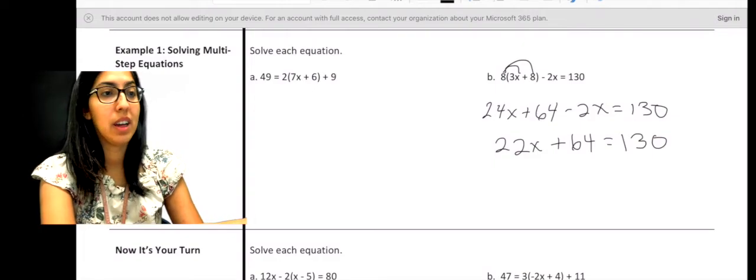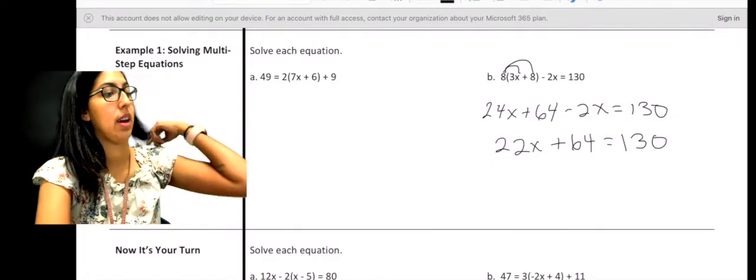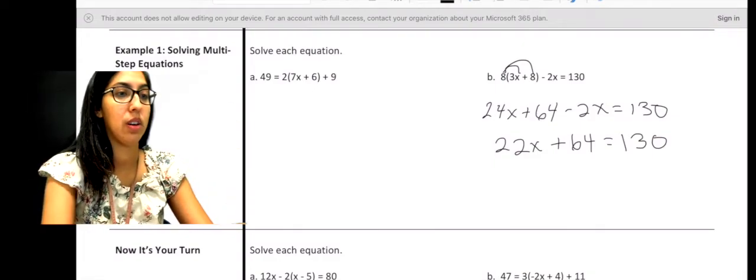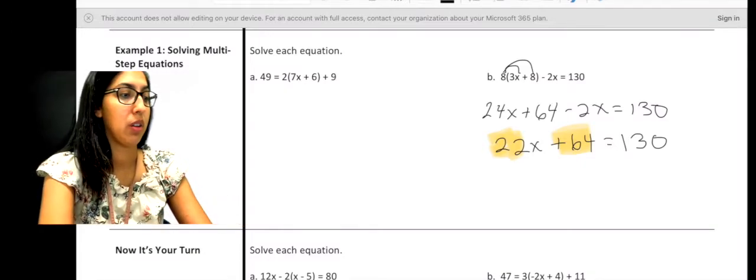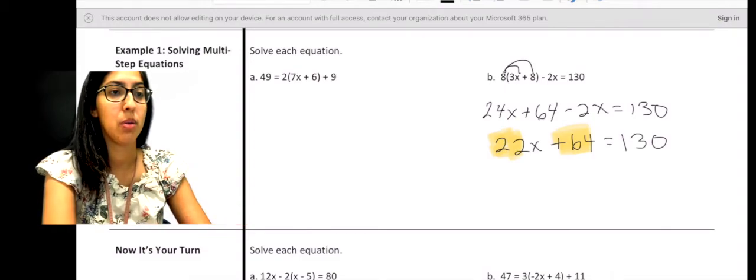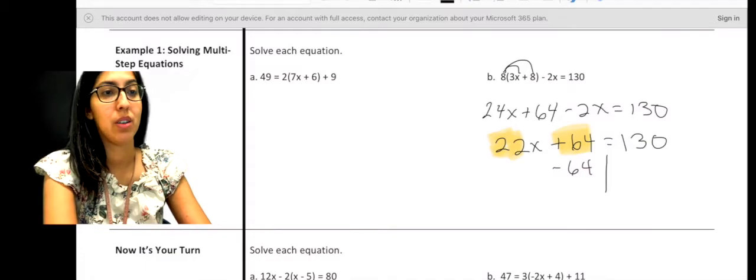Okay, so next, again, we've got to isolate for this x. So we have to get rid of this 22 and this positive 64. So we're always going to get rid of whatever's added or subtracted first. So I want to get rid of this plus 64 by doing a minus 64. Anything I do on one side, I've got to do on the other side. So minus 64 over here.